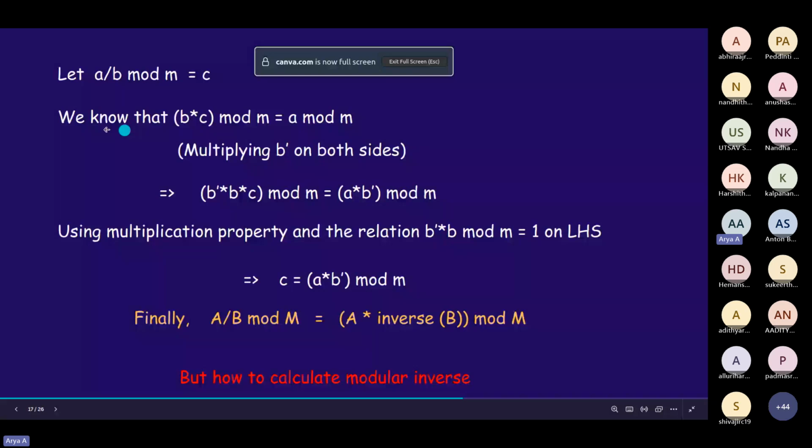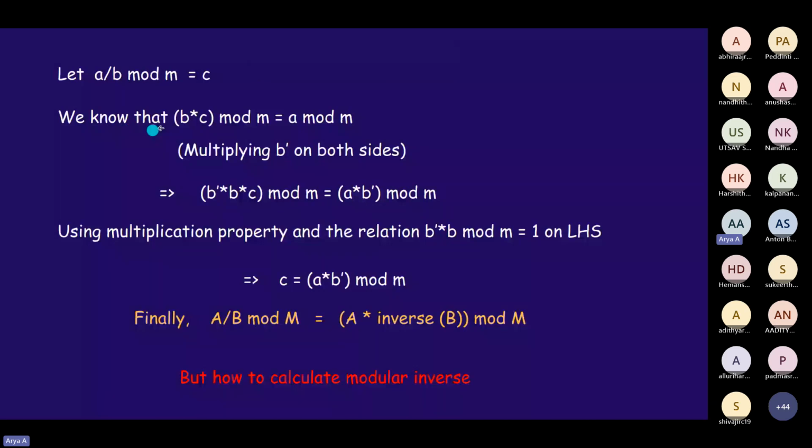So I'll start from here. I hope this part is clear because I know that the answer is C. So it means this relation is definitely satisfied because this was the task initially. Okay, this part might be a bit confusing. It's better if you write this out in the form of an equation. I've written B into C mod m is equal to A mod m.